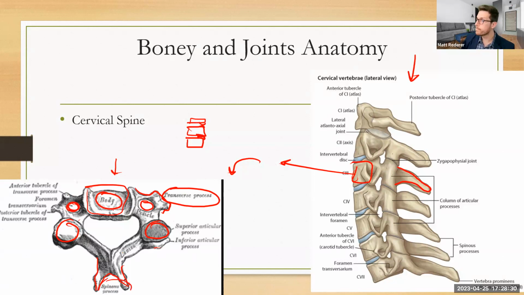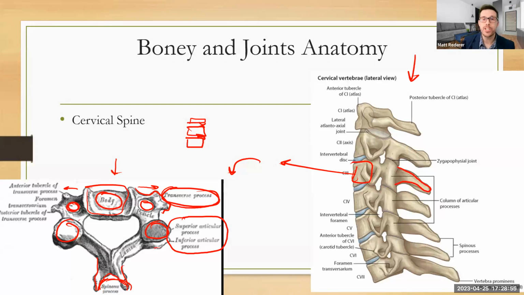The body, the spinous process, the transverse process, and these stick out the sides. All right, and then these articulating processes, superior, inferior articulating process. All right, there's 2 more that I'm going to point out, but let me just talk about these really quick.